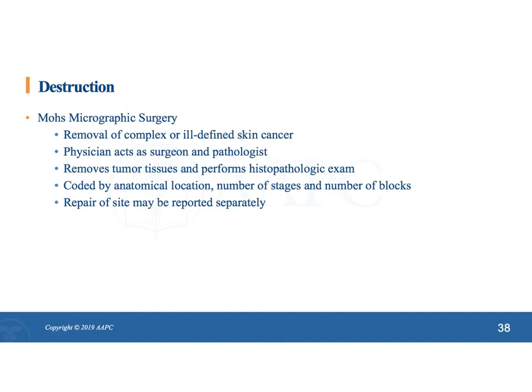Well, we would need to find the code that contains the legs, and that is 17313. So the first stage, up to 5 blocks, is covered with the 17313. The second stage is covered with the 17314, up to 5 blocks.